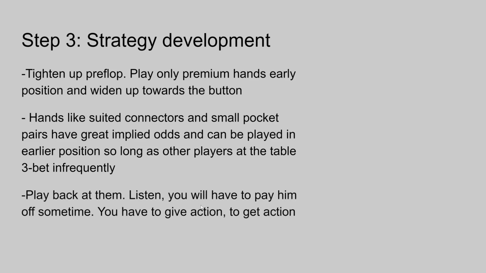You have to play back at these kind of guys. Listen, they're going to make their hands, and you will be bluff catching them often, and sometimes you're just going to run into it.